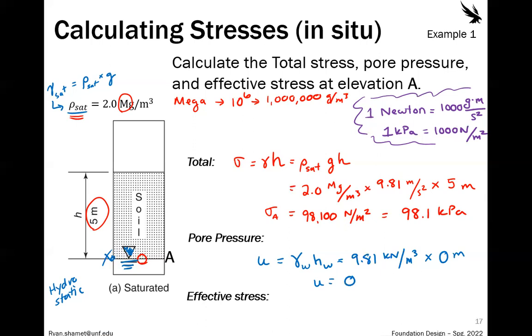So for this case, the effective stress is pretty easy to calculate because there are no water conditions. This is our total stress, then we subtract out the pore water pressure. So that's just 98.1 kilopascals. Make sense so far? Cool.